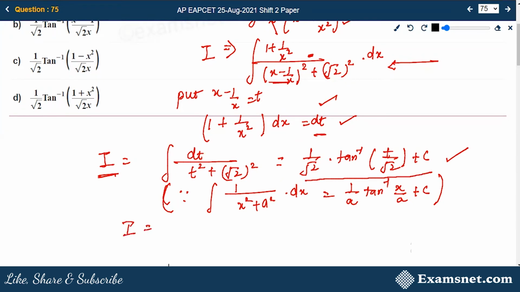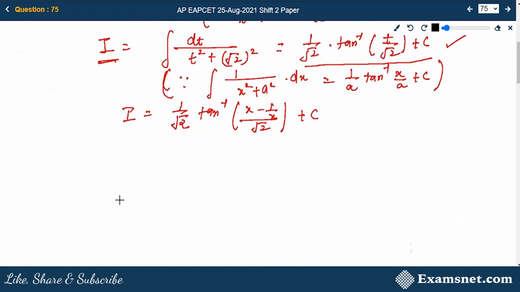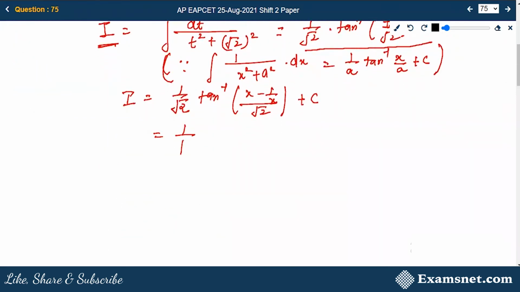Now I'll put what t is equal to: t was equal to x minus 1 by x. So this will become 1 upon under root 2 into tan inverse (x minus 1 by x) upon under root 2 plus some c. So this equation will now be 1 by under root 2 into tan inverse (x square minus 1) upon under root 2 x plus c. This was equal to f(x) plus c, as given in the question.